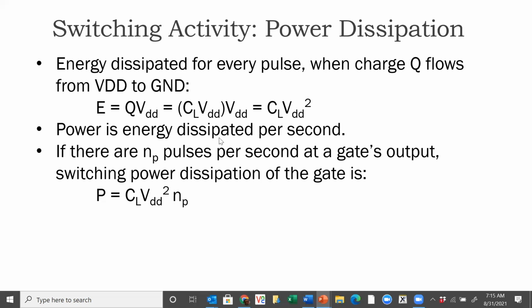Power is energy dissipated per second. So we have to see how many pulses there are per second to determine power. If there are NP pulses per second at the gate's output, then the switching power of the gate is the energy, that's CL VDD squared, times the number of pulses per second, which is NP. And so this is the fundamental equation for power. P is CL VDD squared times pulses per second.